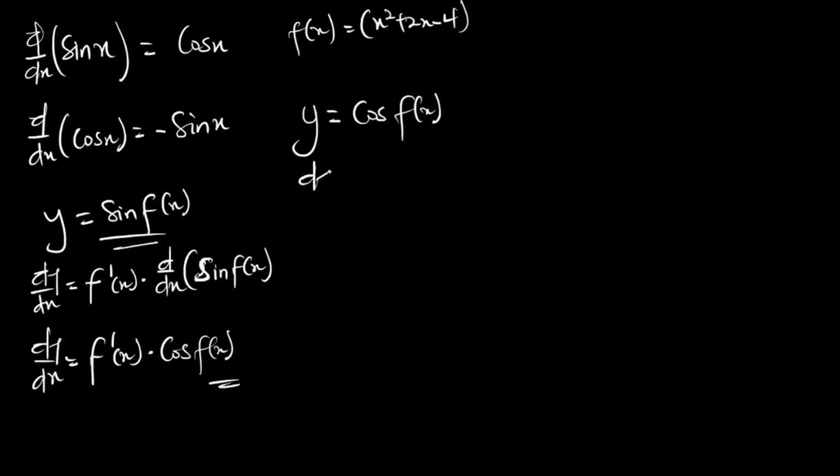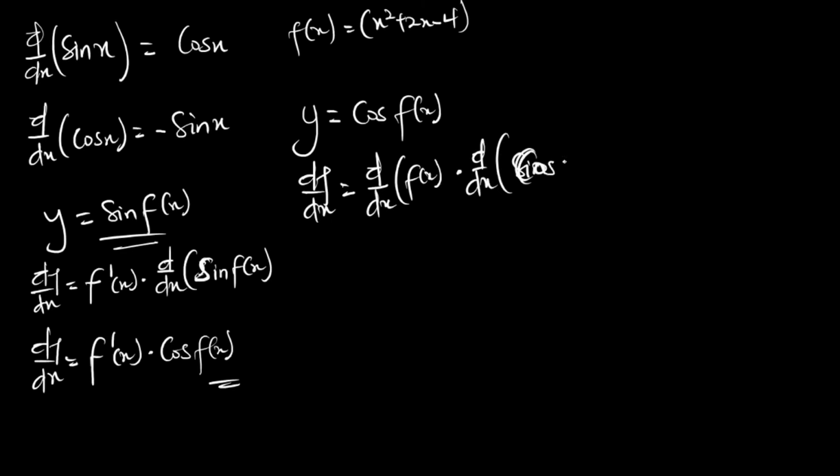It means my dy/dx is equal to, first of all I need to differentiate the function f of x. It becomes d/dx of the function f of x, multiplied by d/dx of the function cos f of x.